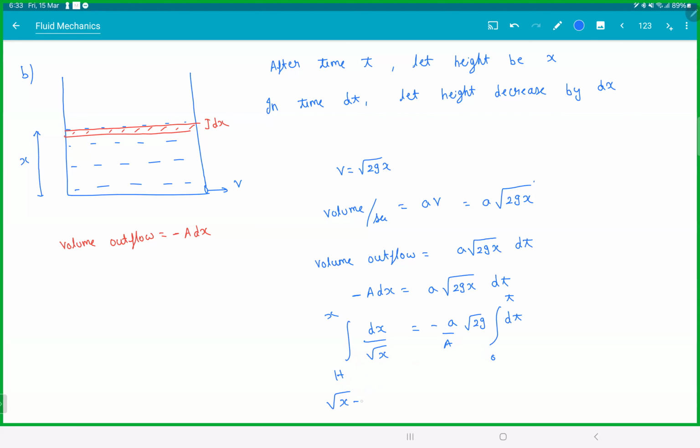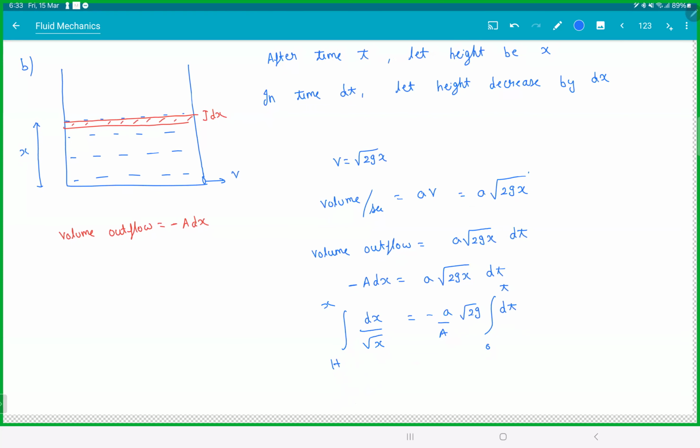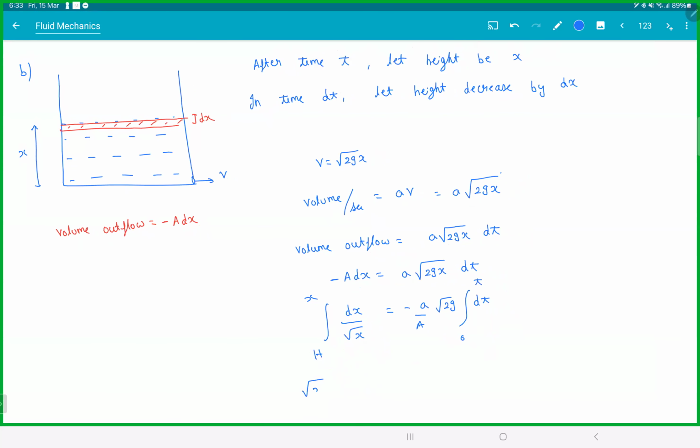We get root x minus root h is equal to minus a by A root g by 2 into time. You should definitely mug up this result. So root x is equal to root h minus a by A root g by 2 into time. This is a standard result.